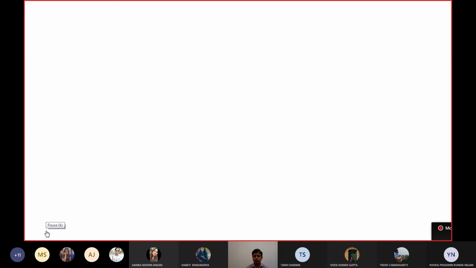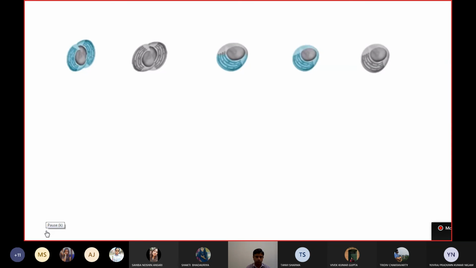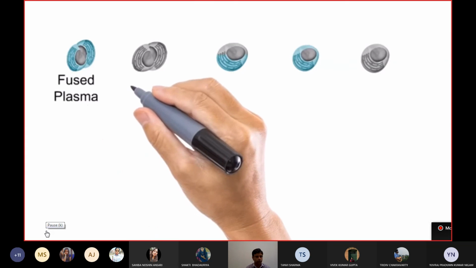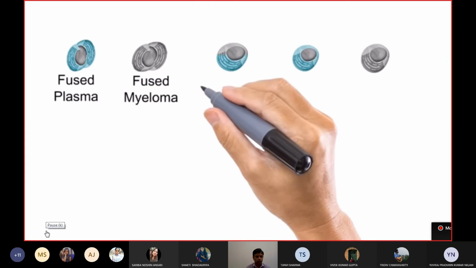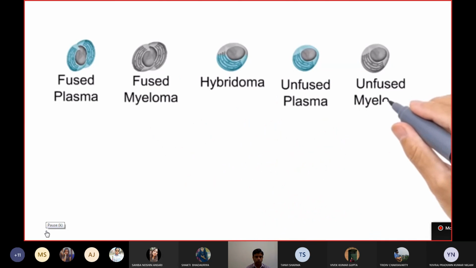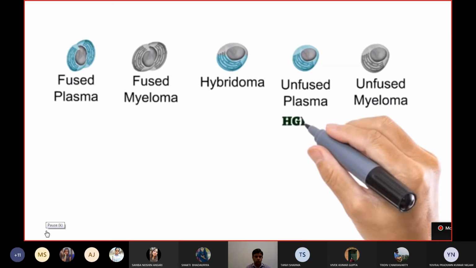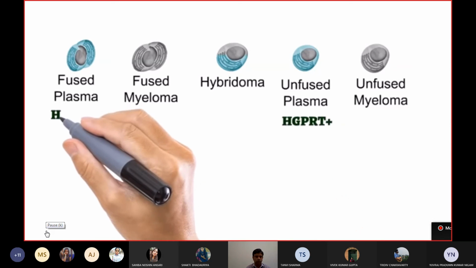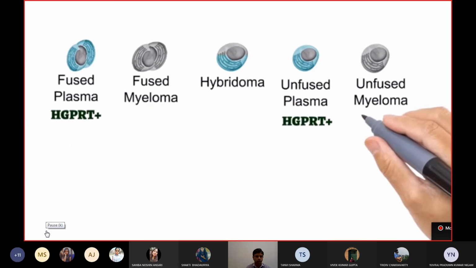Class, I want to remind you that 5 different cells are produced after the fusion procedure of plasma and myeloma cells. And these are fused plasma, fused myeloma, hybridoma, unfused plasma, and unfused myeloma cell. Among these cells, plasma cells have HGPRT, and so the fused plasma cells do too.